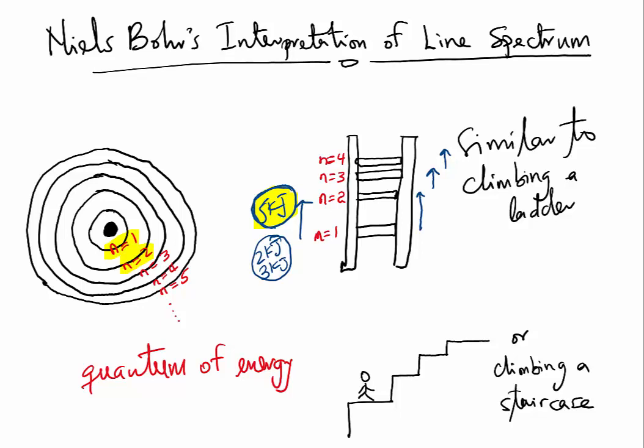No. You can only go from one level to another level in quantum. So, what will happen if an electron absorbs or emits energy? Let us take a look at that.